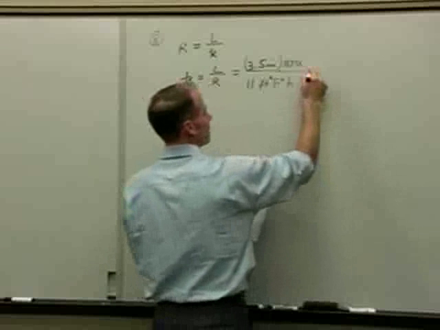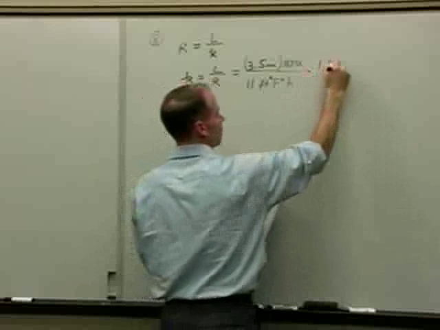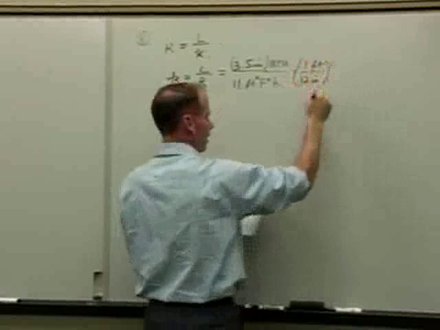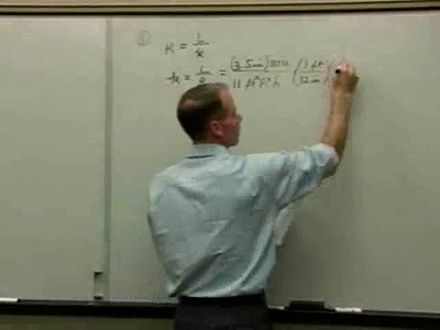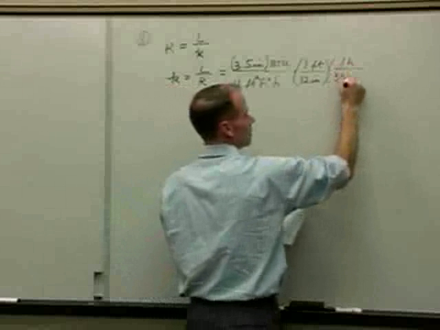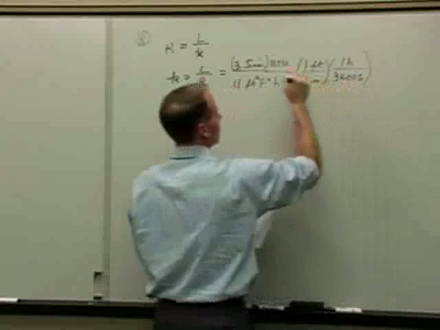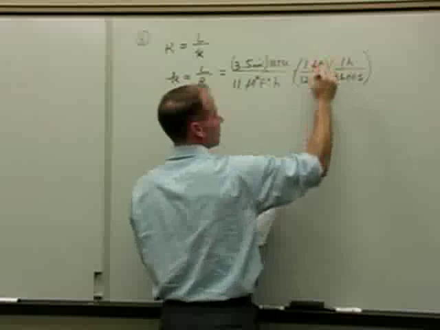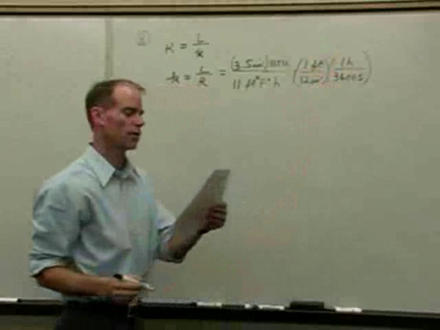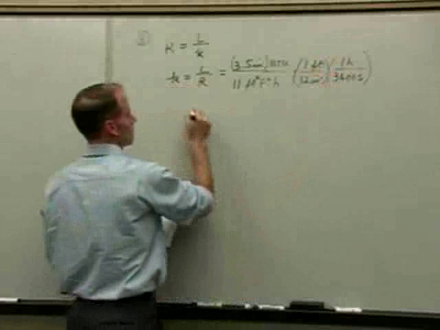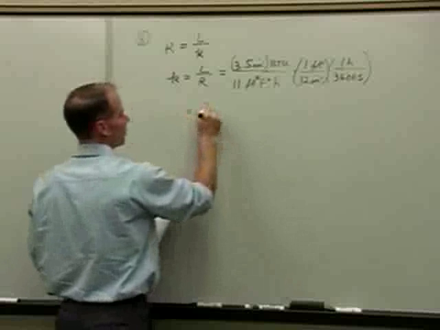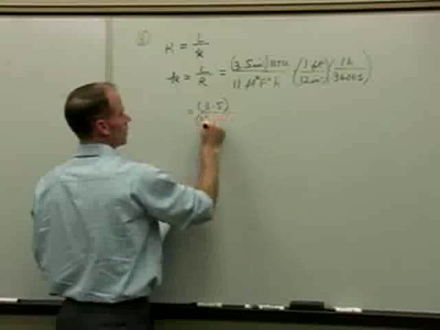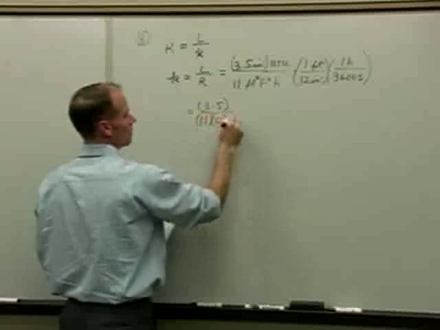So I'm going to multiply this by 1 foot for 12 inches, and also 1 hour per 3,600 seconds. So I'll get rid of the inches here and one of these feet, and that'll give me the units required. So I have 3.5 over 11 over 12 over 3,600.